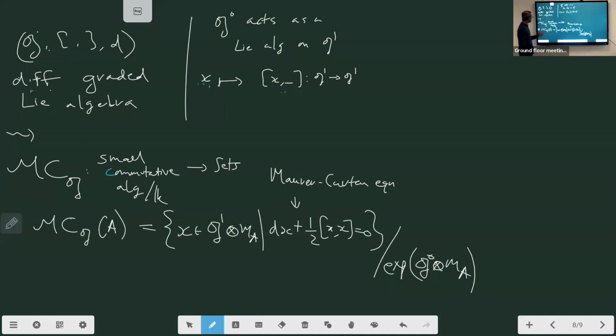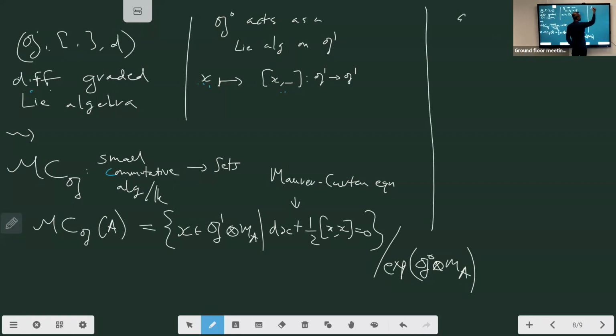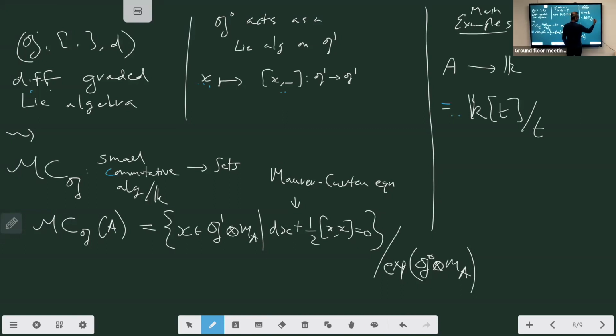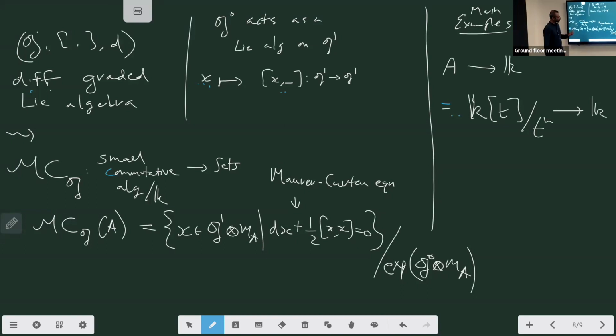You should keep in mind really concrete examples of these small commutative algebras. The main example, if you like, is the augmented algebra A equal to K[t] mod t^n, mapping to K. So you're looking at deformations parameterized by Spec of K[t] mod t^n, which concretely means that you're looking for a point equipped with a tangent vector and a 2-jet, an infinitesimal curve passing through the point, which remembers the Taylor series up to order n-1.